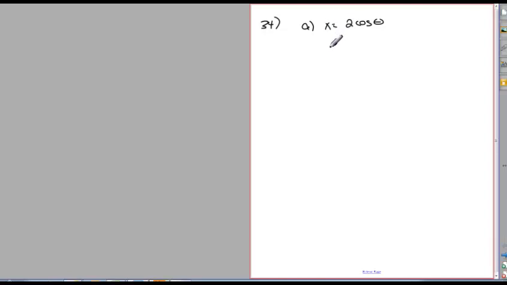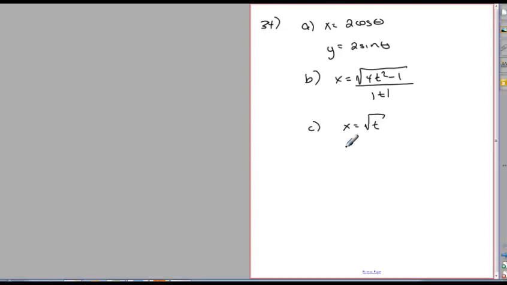As we talked about in class, one thing about parametric equations is that sometimes there's more than one way of writing a parametric equation. And in this case, we'll see that's true. Just like in class, we said that sometimes the allowable values of t will not be the same because of the original equations.